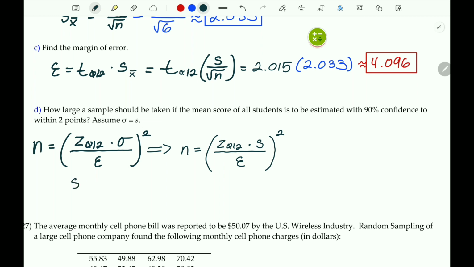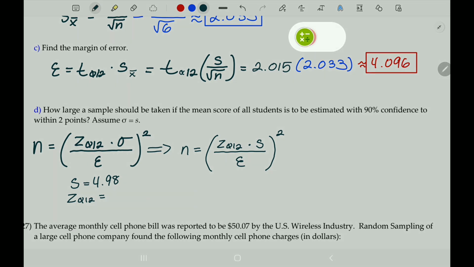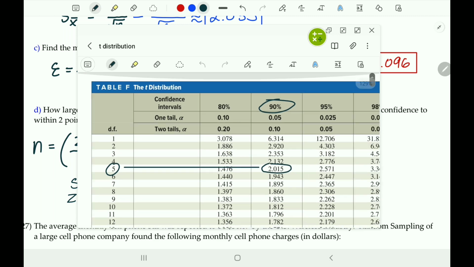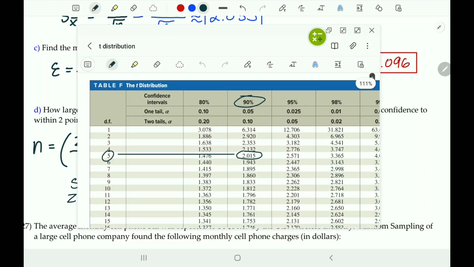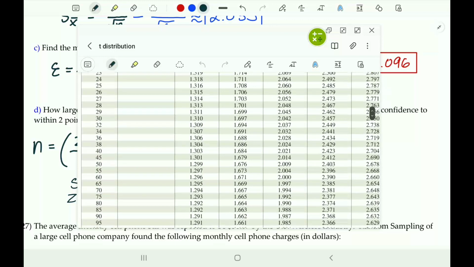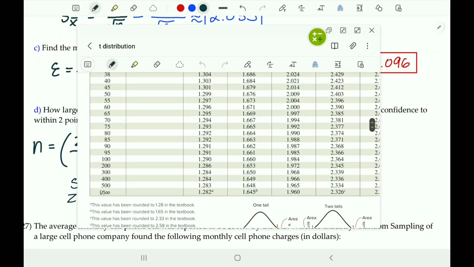Now, we know that the sample standard deviation for this question was 4.98 when we rounded accordingly. In addition, we need to find the z critical value for 90% confidence. There are two methods we can employ when we're trying to find the z critical value for 90% confidence. First, we're going to access the t distribution, 90% confidence. And because we want to find the z critical value, we scroll all the way down to the last row of the t distribution.